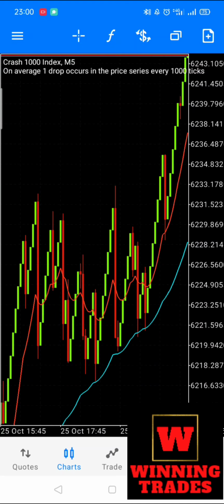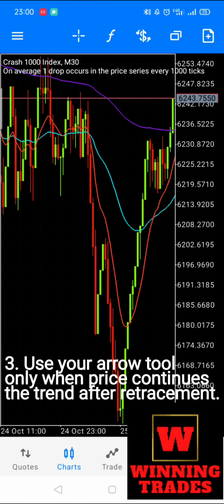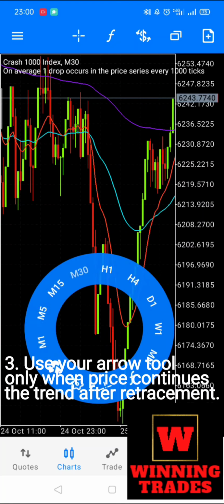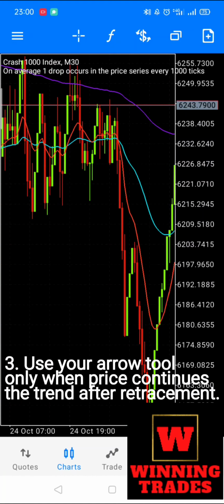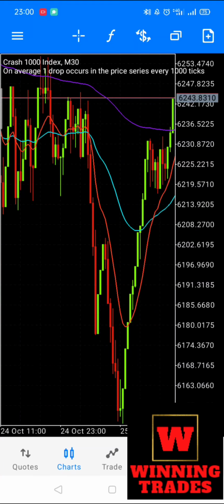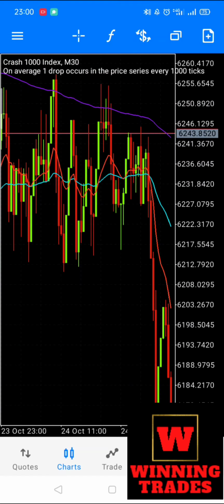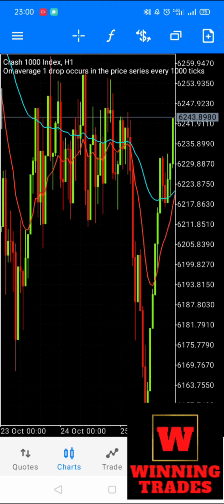Now the third rule is that you only take out your arrow tool when price has completed its retracement and has continued in the trend direction. You don't take it out when you're not sure that price has completed its retracement. You only take out your arrow to begin your measurement when you know price has completed its retracement.